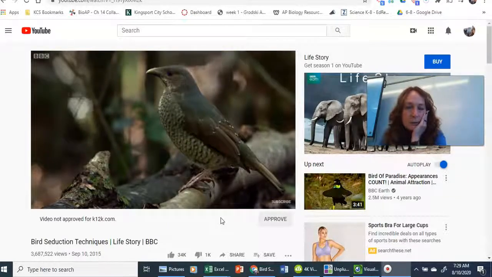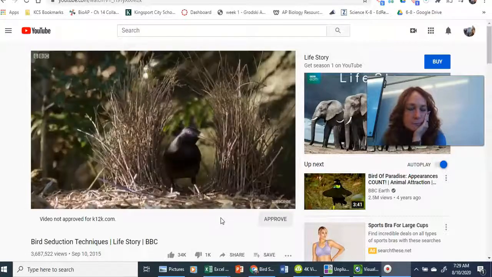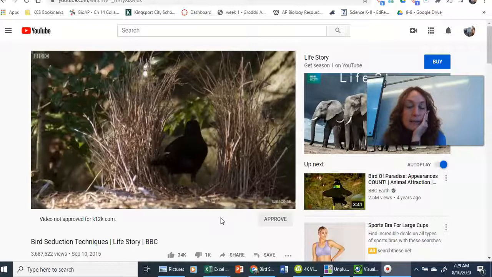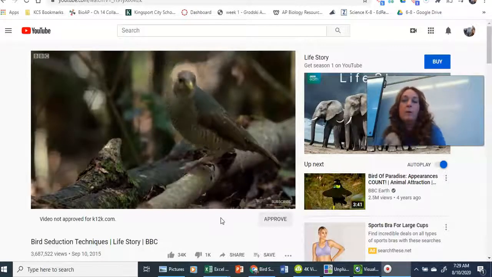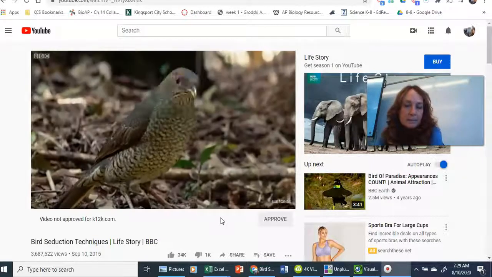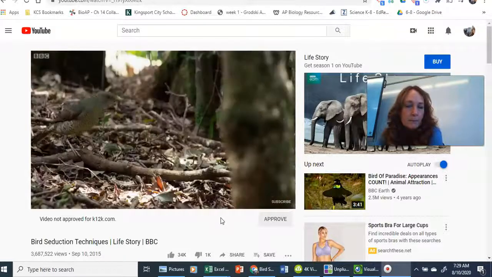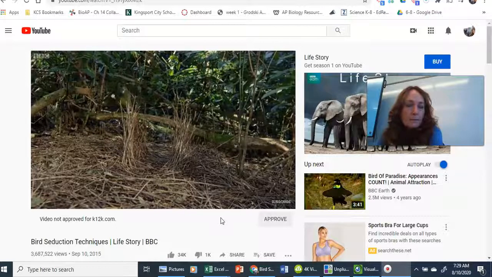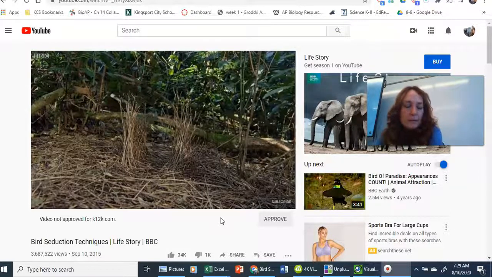So that is how it should be done. That's a juvenile male. That's the entrance to his bower. So a bower is a nest. Junior returns to his own bower and tries to improve. So think about that.